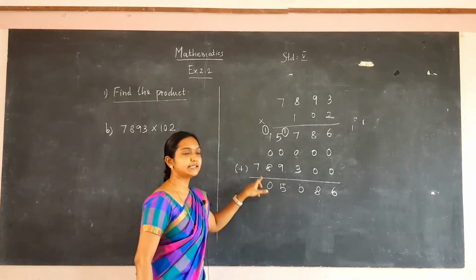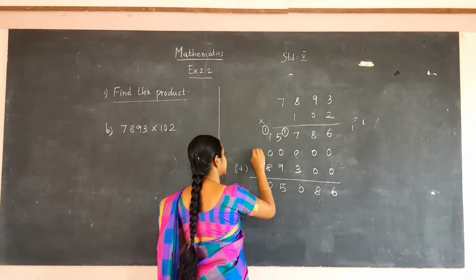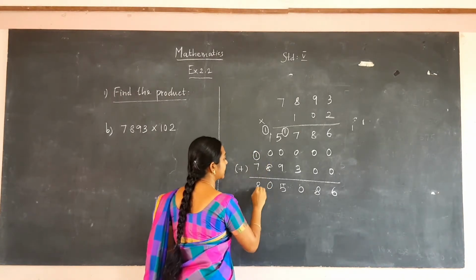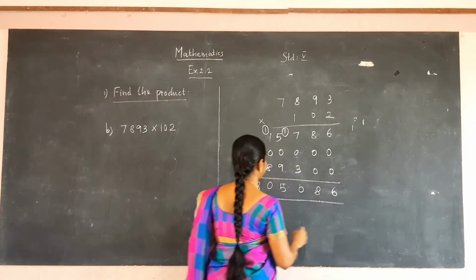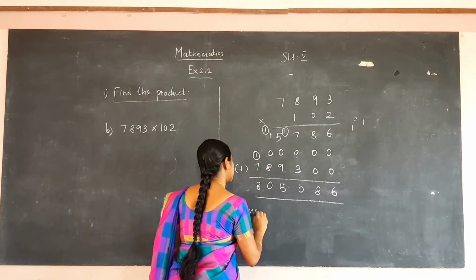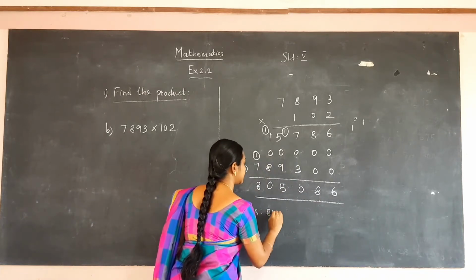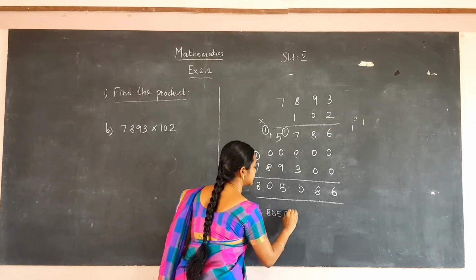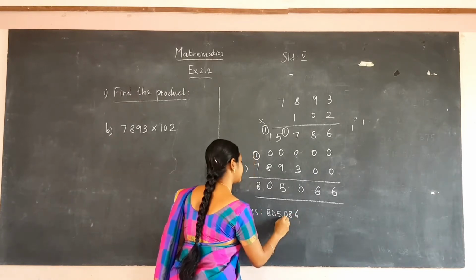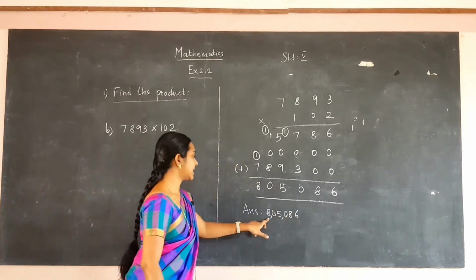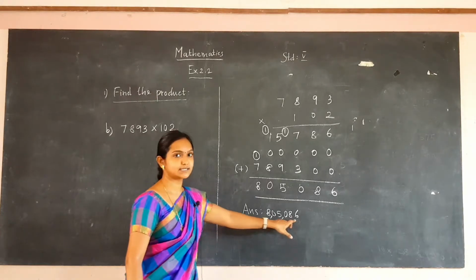Put 0 here and carry 1 to next place. 7 plus 1 will be 8. Now the answer is 805086. 8,05,086.